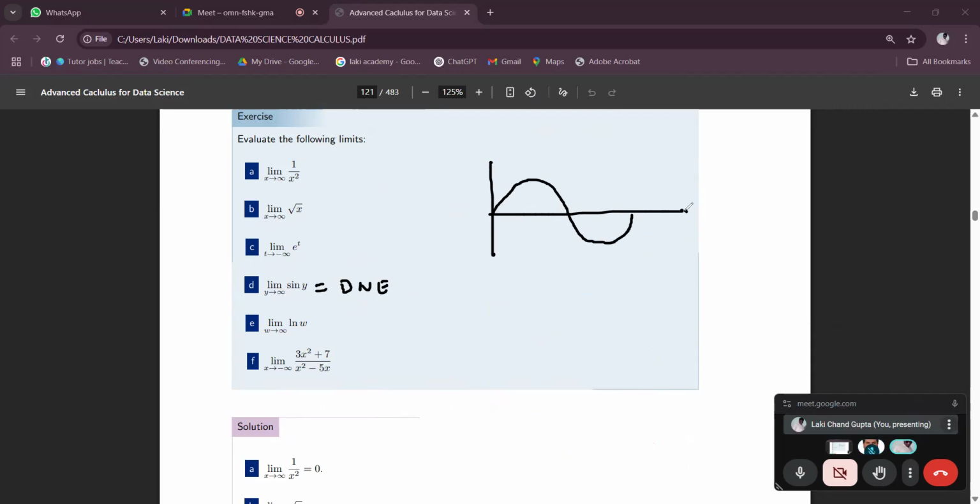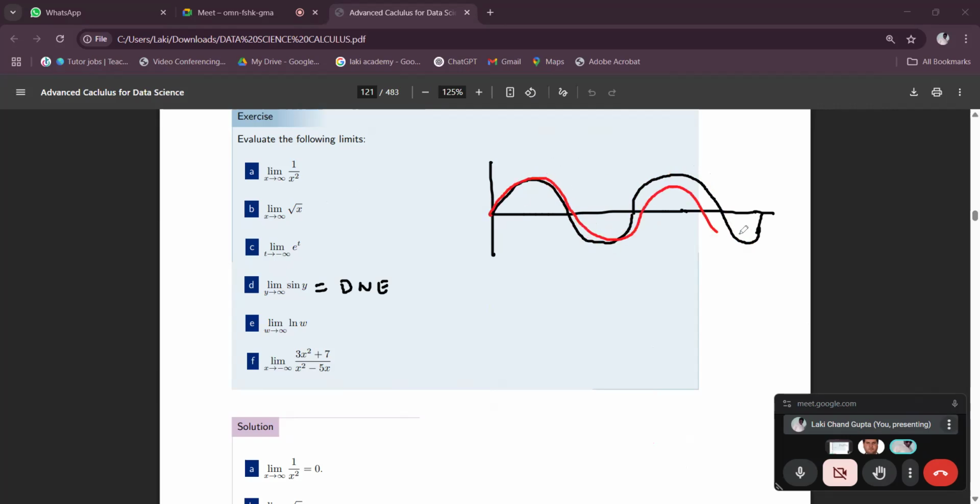Infinity means what? You are going toward the right hand side. Sometimes you are getting a positive value, after this you are getting a negative value, after this interval you are getting a positive value. It means increasing from -1 to +1, and after this interval you are getting decreasing. So you cannot say that when I am going towards the right, it is always increasing.